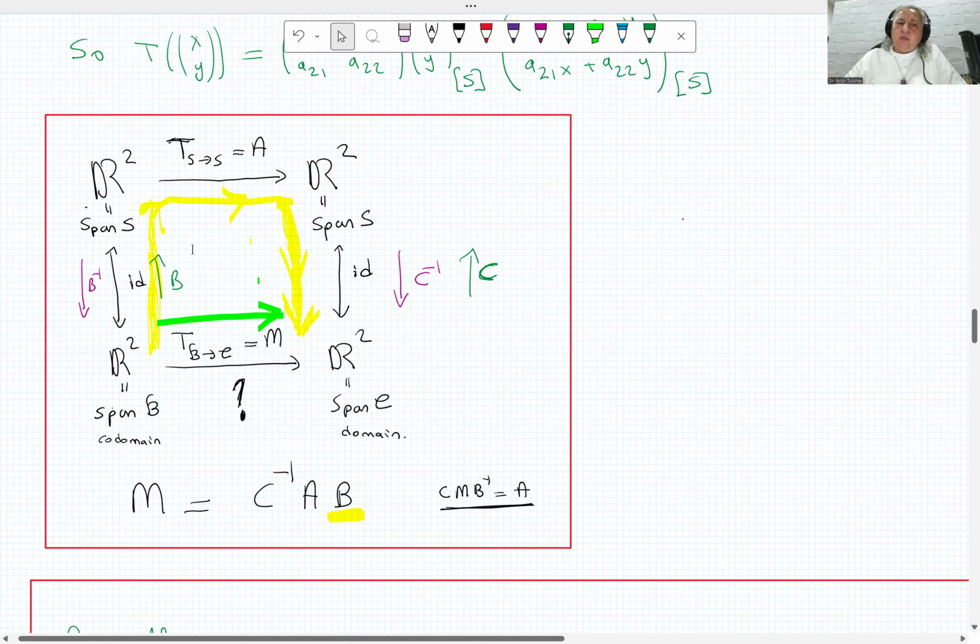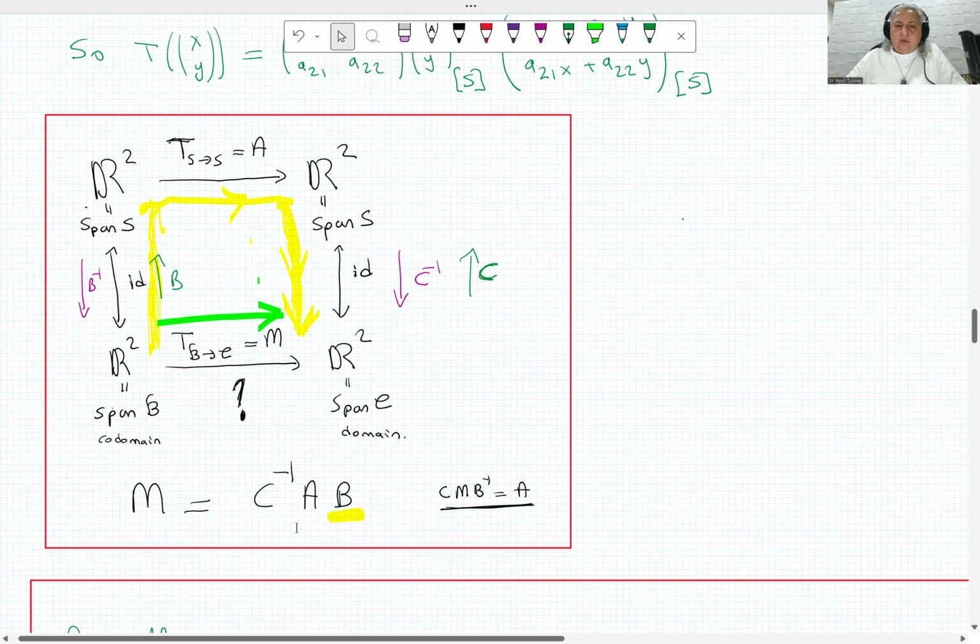So the first step is B. Now, the second step is just A. From here to here, we have the matrix A. Now, from here to here, we are moving from the standard basis S to the basis C. So from here to here, we move by C inverse. So the matrix M has to be equal to C inverse AB.